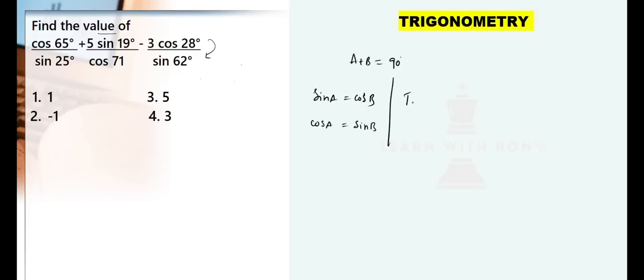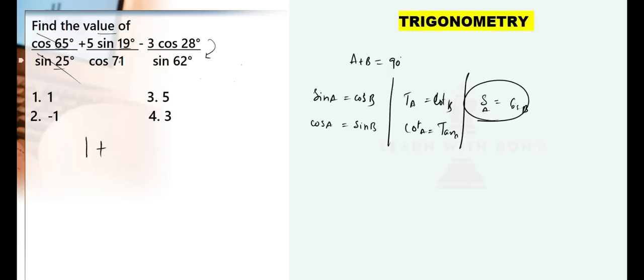And similarly, tan A equals cot B and cot A equals tan B, and it will also be true for secant A and cosecant B. See here, 65 plus 25, sum is 90, so cos A equals sin B, we will get 1, plus similarly 19 plus 71, sum 90, so they get cancelled, plus 5 minus 28 plus 62, sum 90, so they get cancelled, 3 minus 3, 3 is our answer, option number 4.